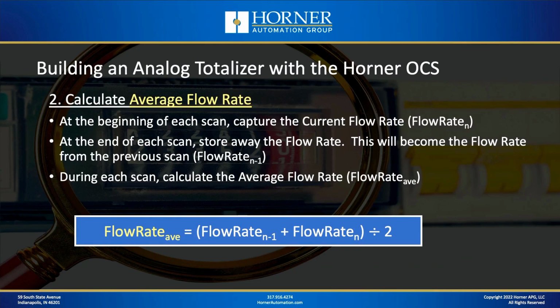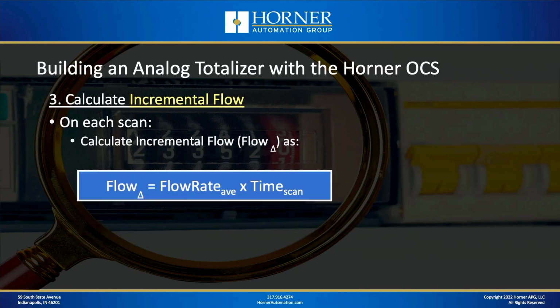Now that we've calculated our elapsed time, the next thing we need to do is calculate our average flow rate. Again, simple mathematics. We take our analog reading this scan, add it to the analog reading of the previous scan, divide by 2, and that's our average flow rate.